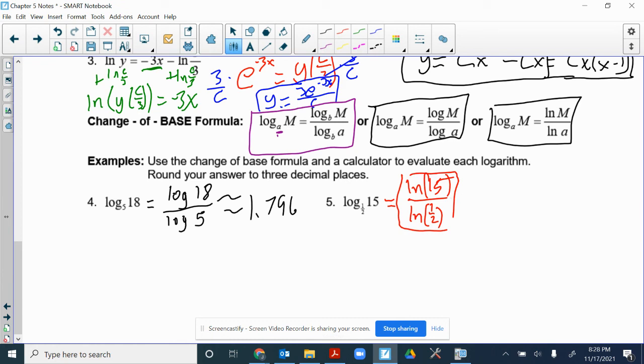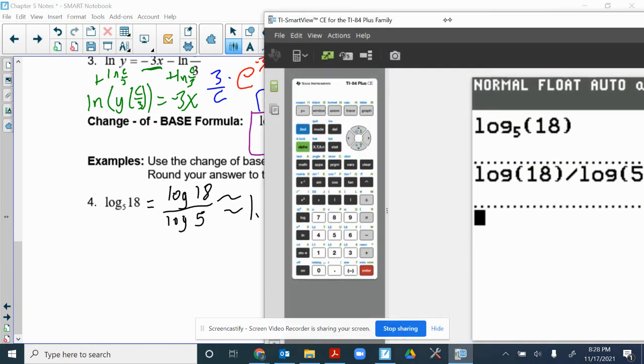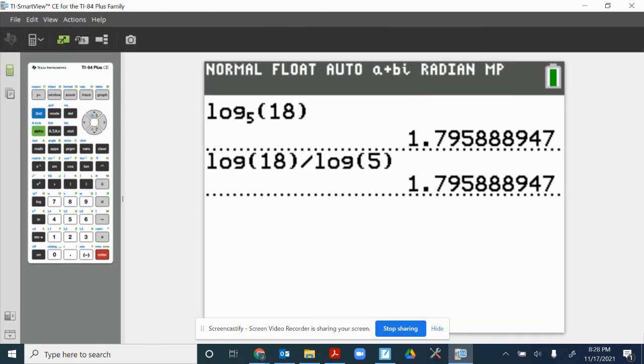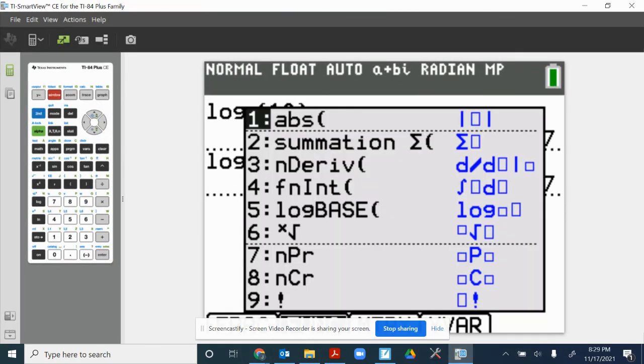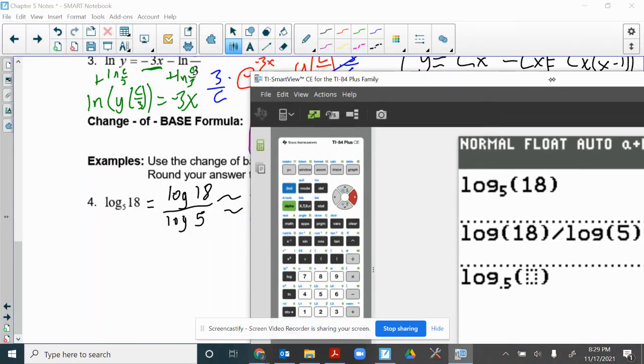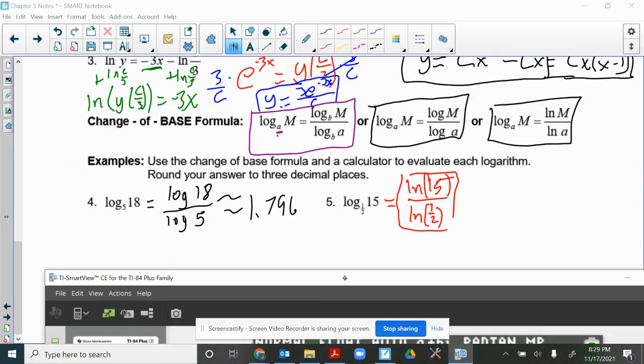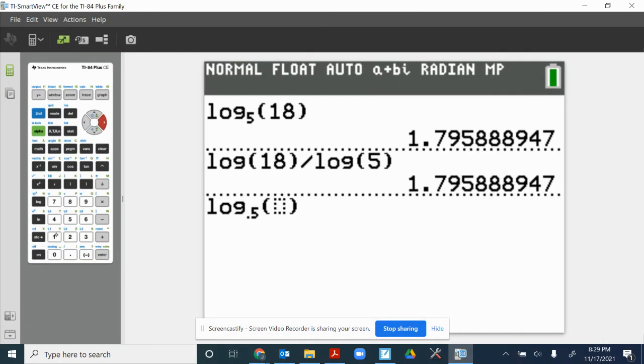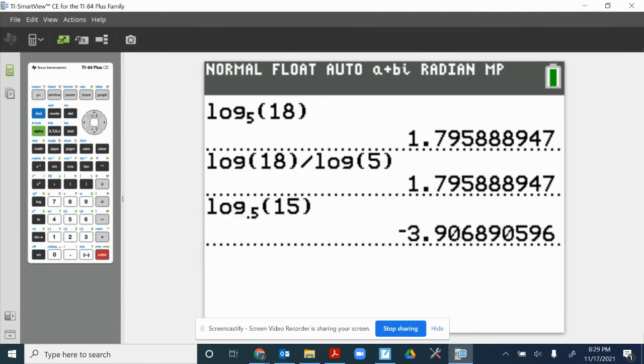So now I go to my calculator again, and this one, I can do the alpha window, or it's under math, and I can put in the 1/2, and then I don't remember what the number was. 15. Okay. I can do that and get this number, which is 100% correct.